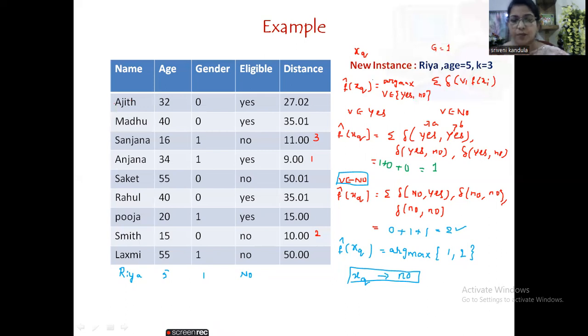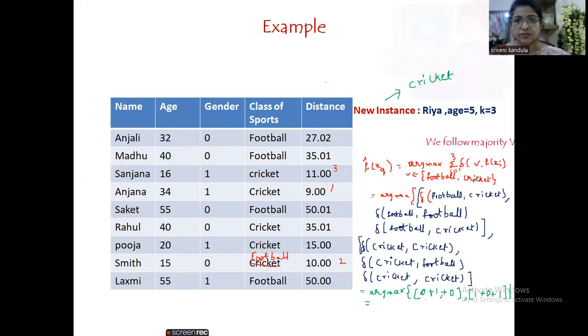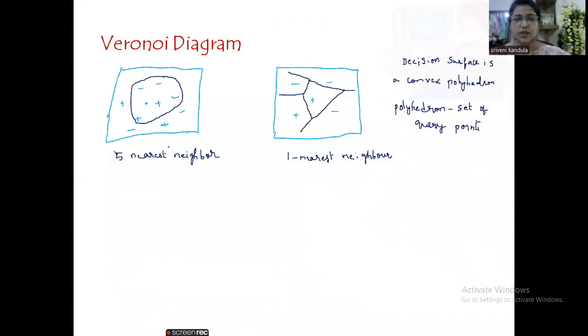So now, based on this, I just want to show you one more plot. This we are calling a Voronoi diagram. Here you can see, if I take the K value as 1, these are some data points. I made different groups, and you can see in each group I have only a single data point.